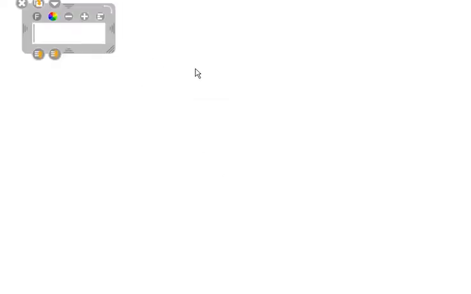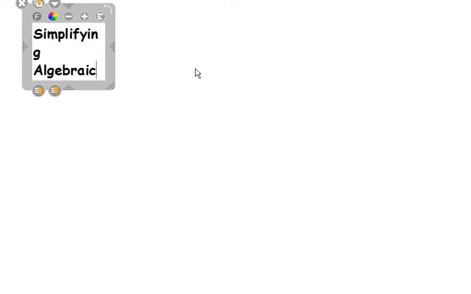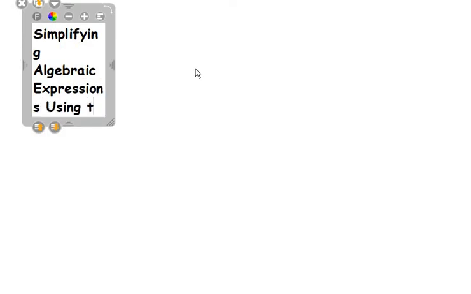Okay, so once you understand index form, you're going to have to simplify algebraic expressions using the laws of indices.